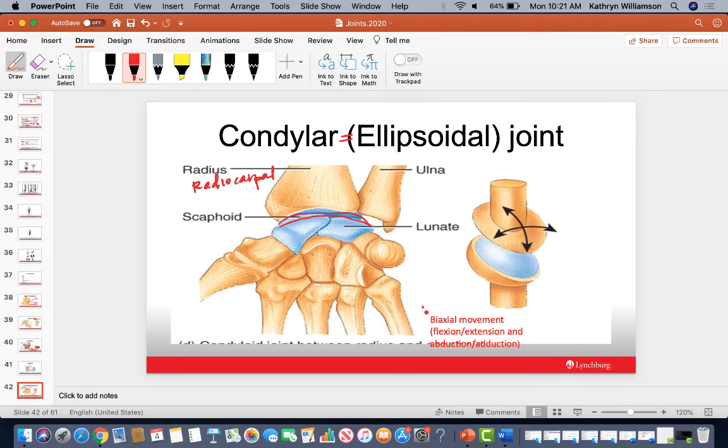This allows biaxial movement, so movement in two directions. So we're going to have wrist flexion extension, which is going to be sagittal plane movement. And then we've got wrist abduction and adduction, which is going to be frontal plane movement.